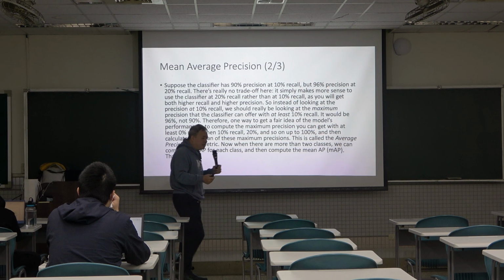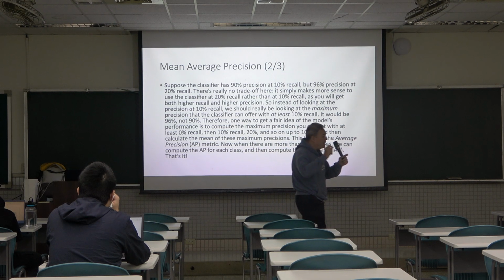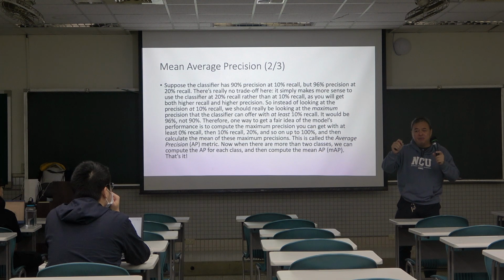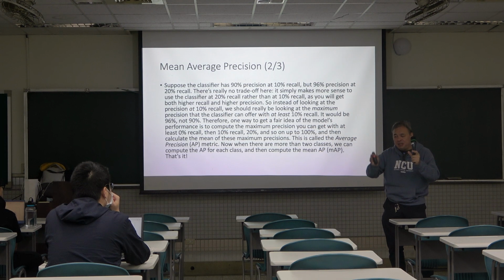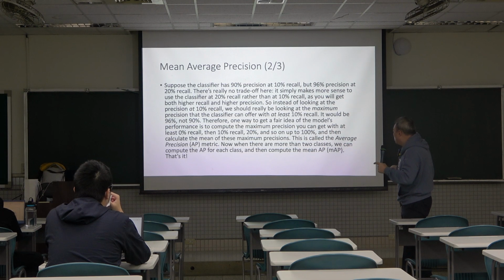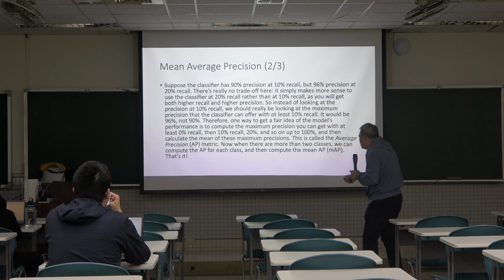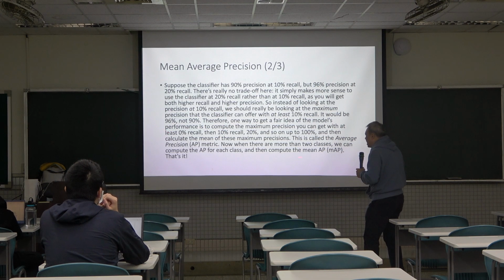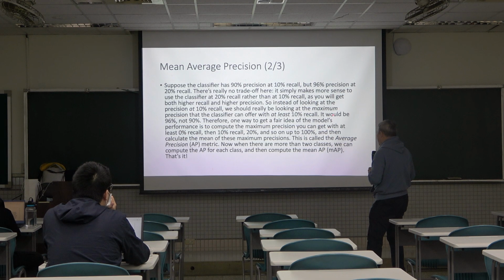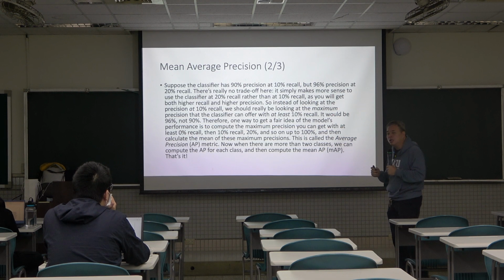So you are going to get 11 maximum precisions, right? Based on different minimum recalls. So we are actually going to average those precisions, and we'll call this metric the average precision.